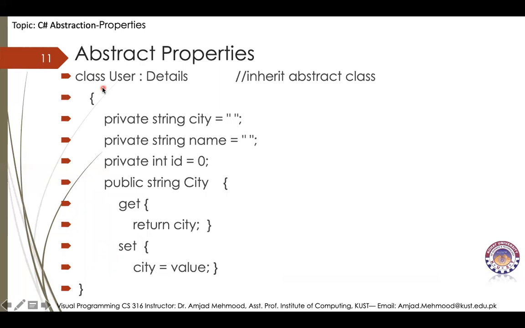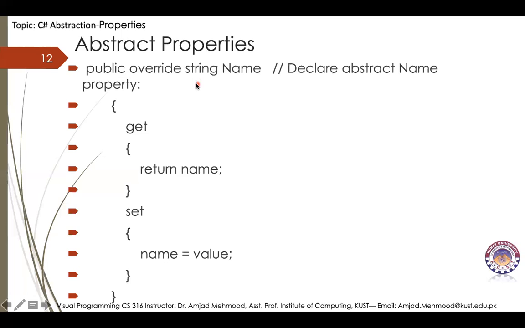Here you can see that User is the child class of Detail. So here you can see private string city, private name, these are the id, and now this is city. As you know, see get and set. You can see here get, this will be the value which you will get, and this is the value which you set. Now this is the property.